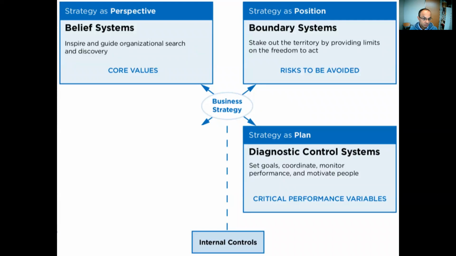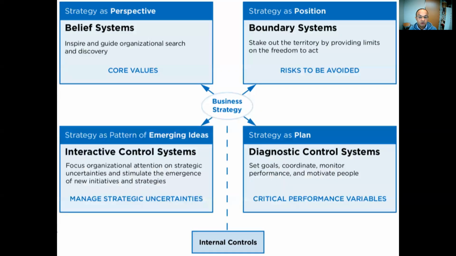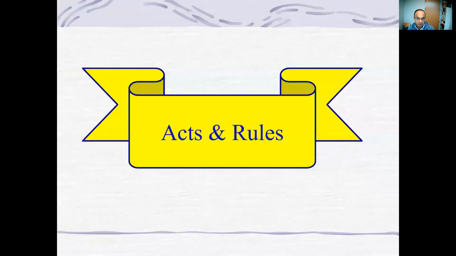Then diagnostic control, which will help us to diagnose, like detective control, to detect the error, and then interactive to correct the error. So this classification of the levers matches the types of control where we can detect the error, diagnose the error, and put some correction for the error.